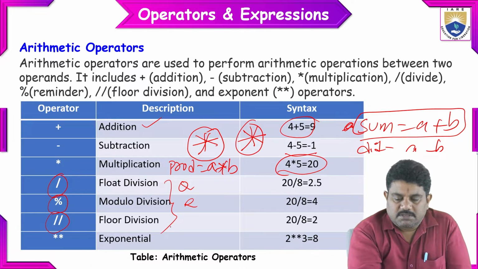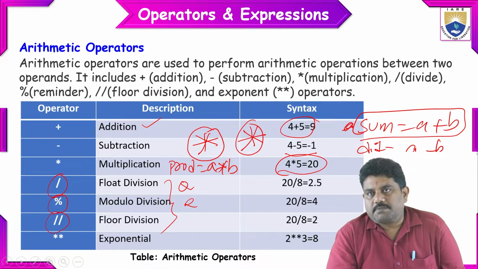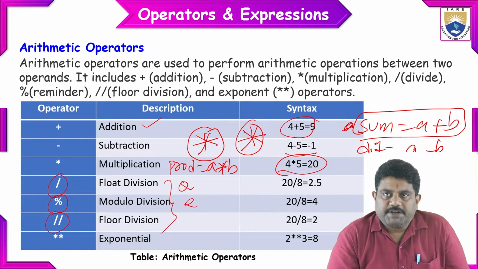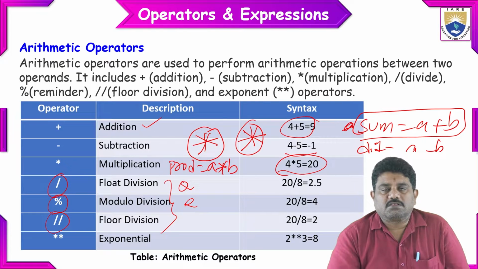Floor division means, if you want only the integer part after dividing a number by another number, and the quotient has some floating values, then you can use floor division.